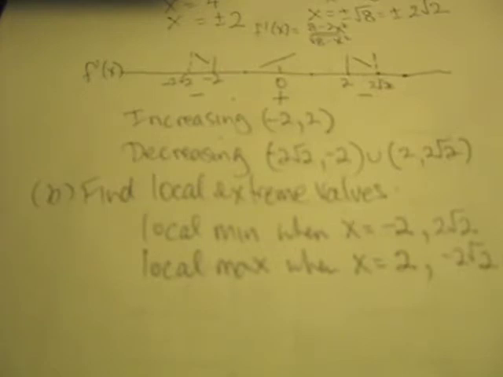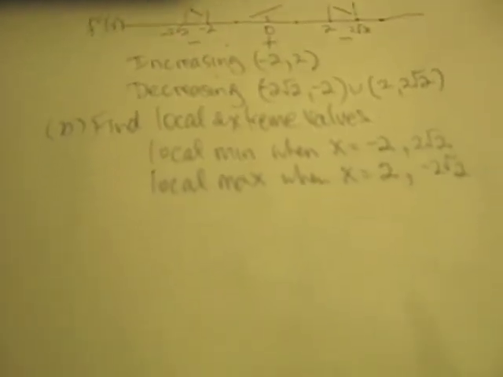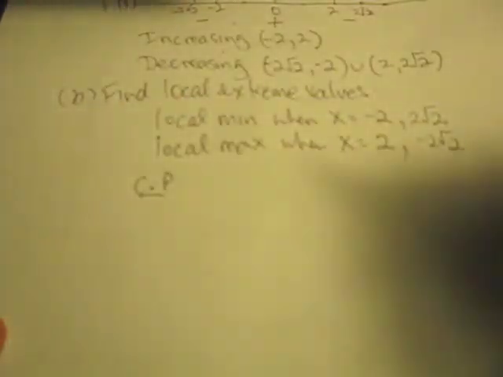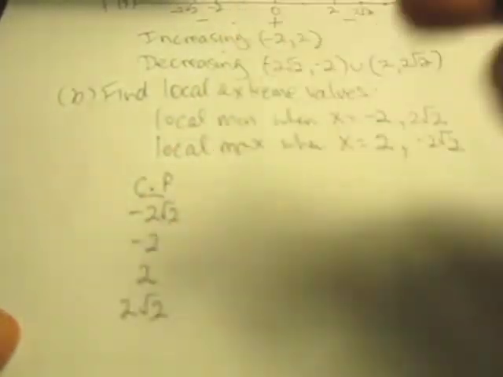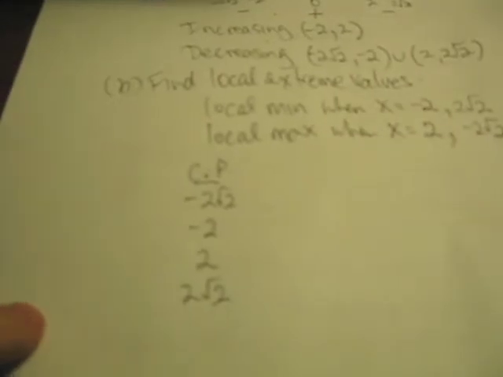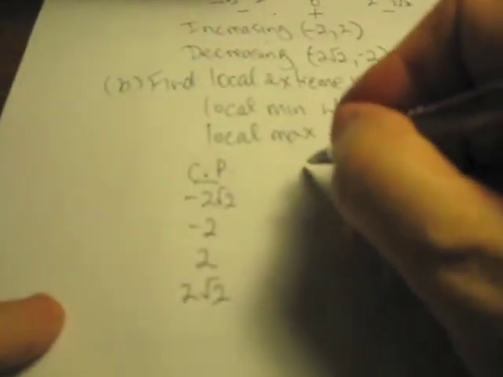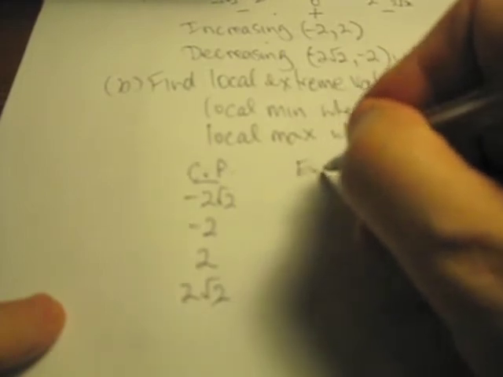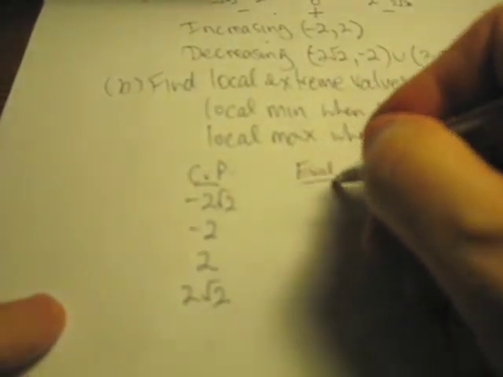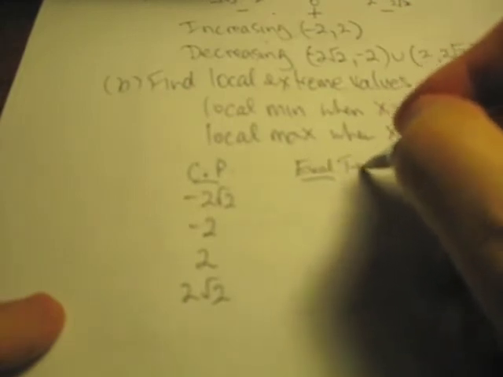Alrighty, so we now need to look at what the values of these are, so we can make up a little table. We'll put the critical points: negative 2 root 2, negative 2, 2, and 2 root 2, in order. Then the extreme value type, if you like.